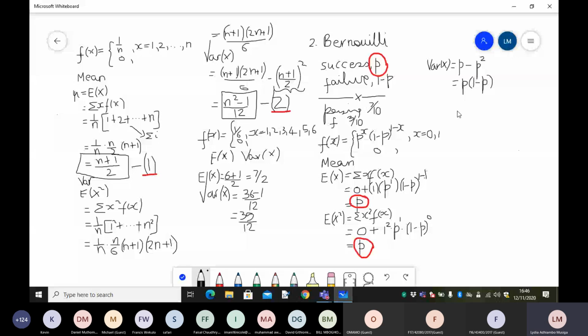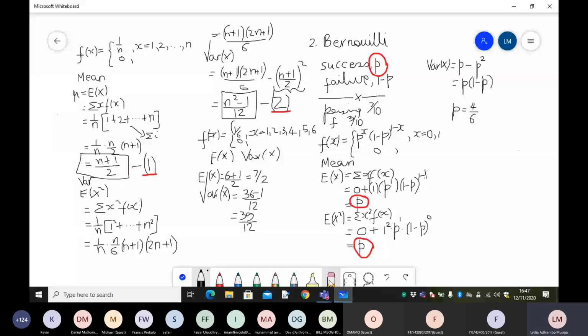So we need to know what our success is. We've been told that success is the selection of a good item. In that carton, there are 4 good items and 6 are bad.